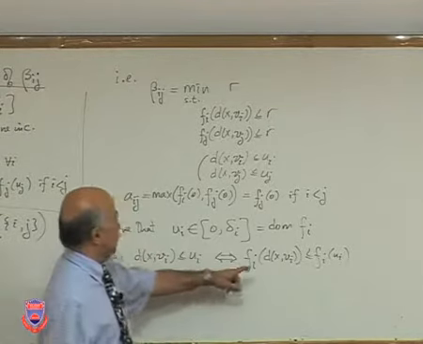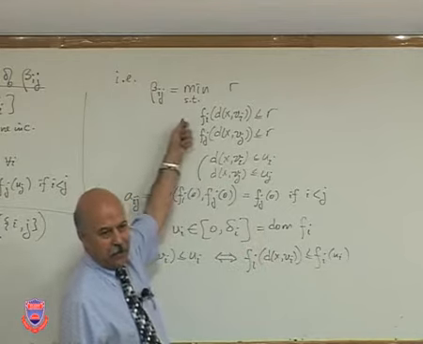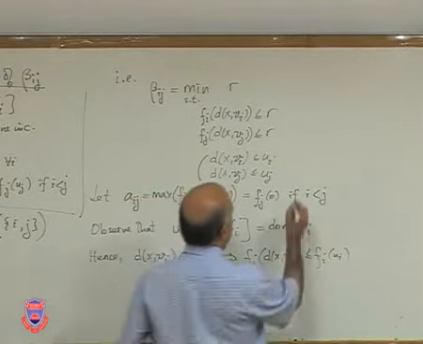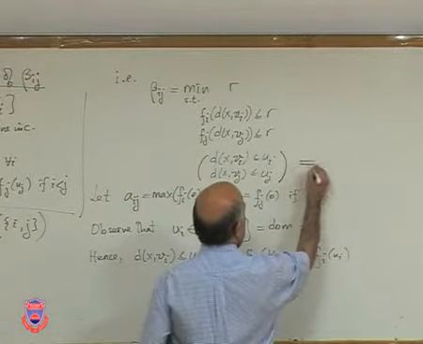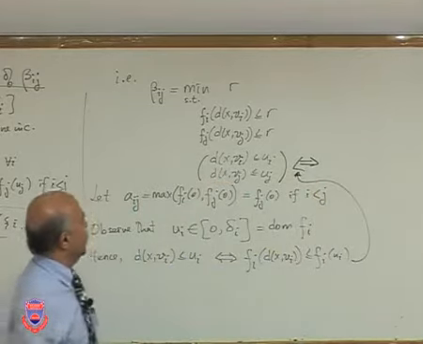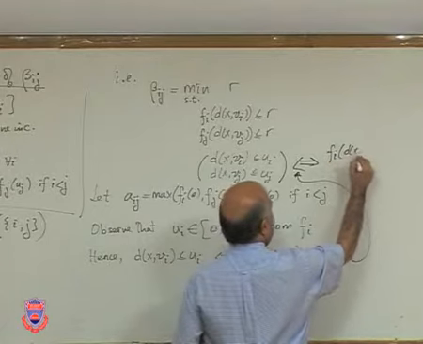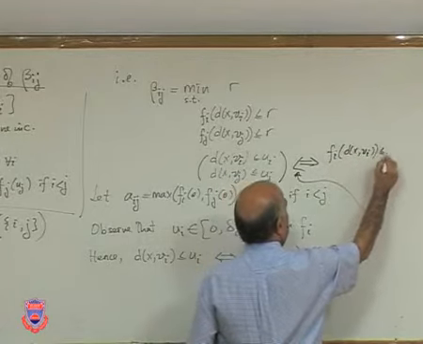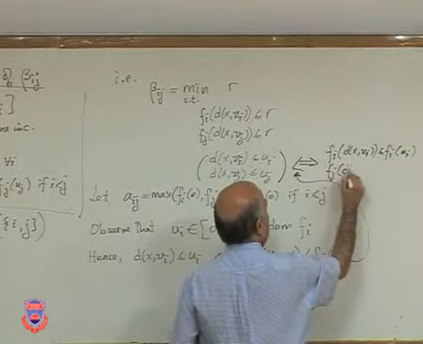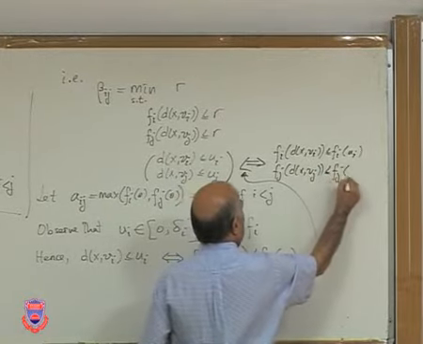Now, what is the use of this? Well, the use of this is to make these constraints look like these, so I can actually start combining. Okay? So, from here, I can see that this pair of constraints is nothing but fi of d(x, vi) less or equal fi ui and fj of d(x, vj) less or equal fj uj.